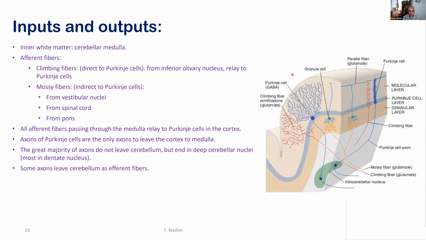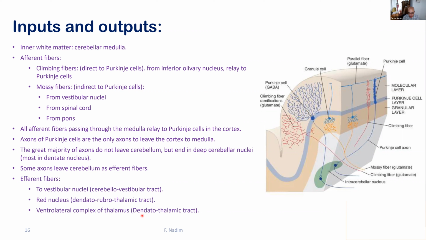The outputs of the cerebellum are coming from the deep cerebellar nuclei. And those outputs, the majority, go to the cortex via the ventrolateral thalamus, and some go to the vestibular nuclei, and some go to the red nucleus.